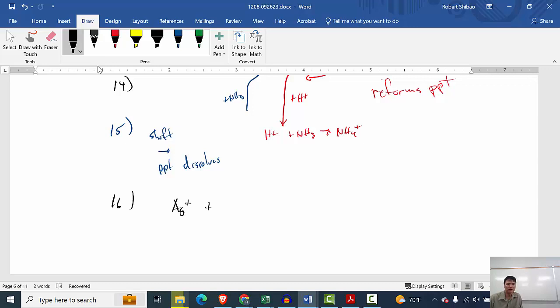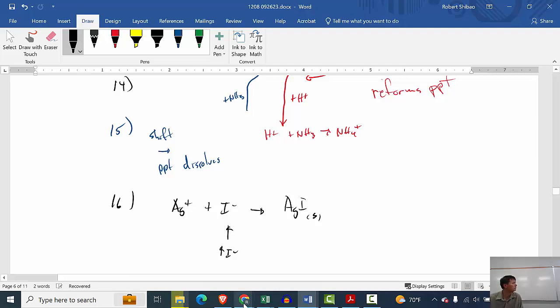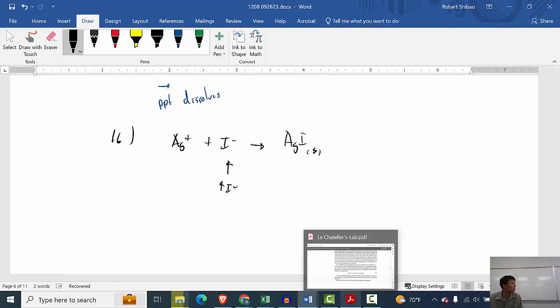You're adding iodide to precipitate out silver iodide, and so you should just get more precipitate. What was the color of this precipitate? Also white? All right.